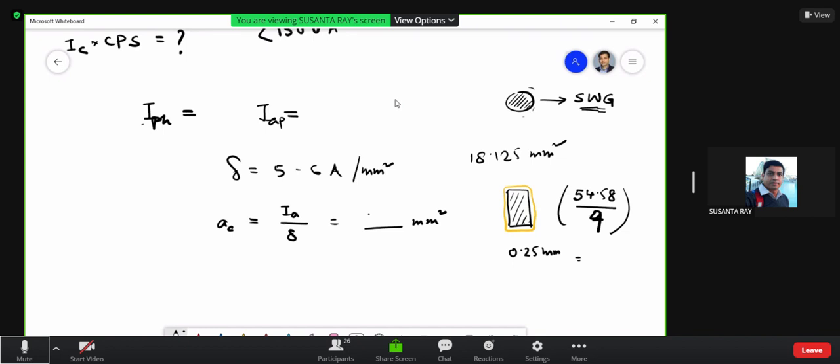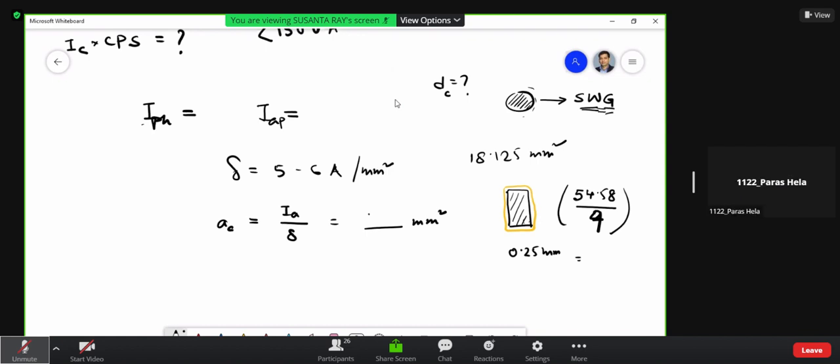And those who are using the round wire, round conductor, first they have to find out the conductor diameter. So just by calculating geometrically, you have to calculate the DC, conductor diameter.